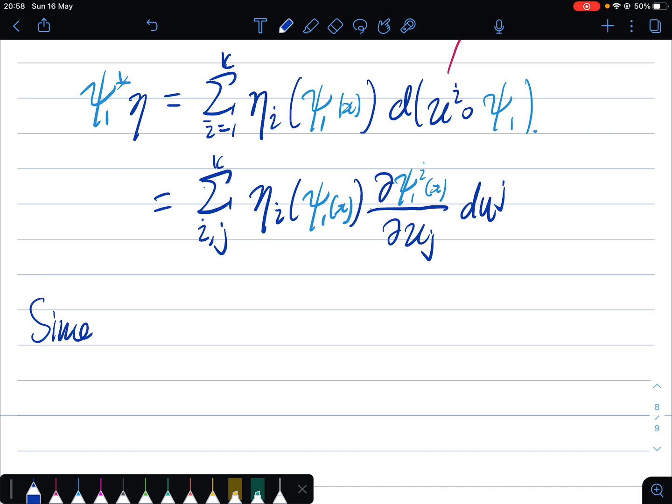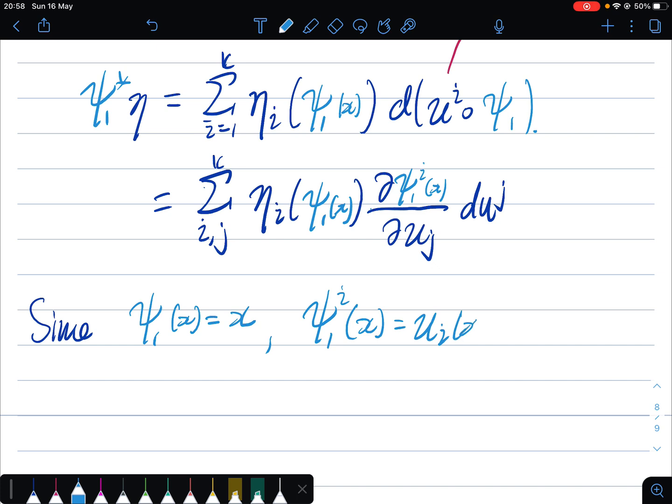Since the psi map of x is equal to x, as x is inside our sigma, we also know that the sigma i of x is equal to xi, I mean the ui coordinate of x.